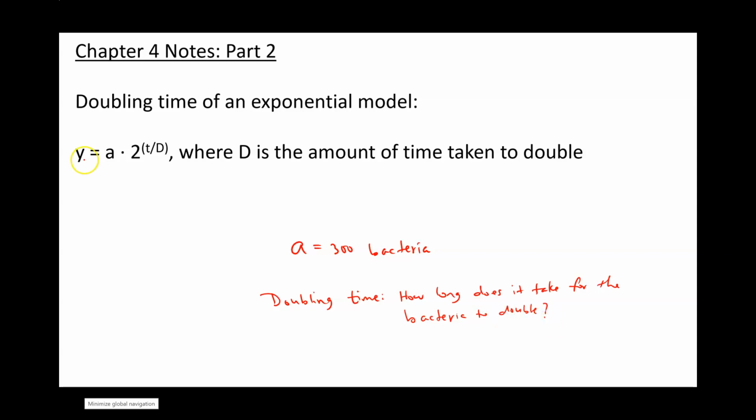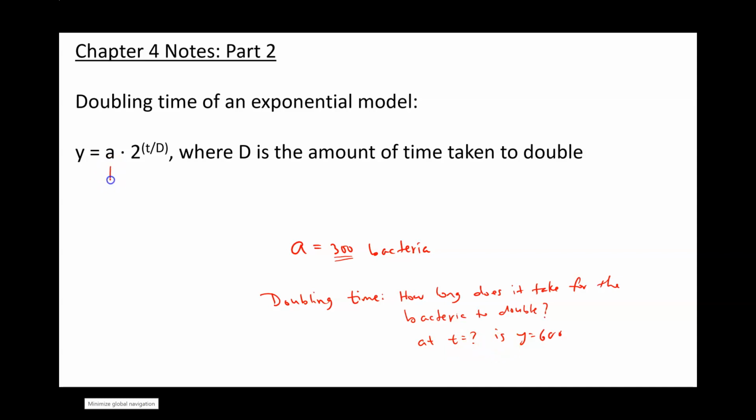In other words, if y represents a number of bacteria, at which t is the number of bacteria equal to 600? Where did we get 600 from? Because we started off with 300 bacteria, double of that is going to be 600. So after how long do we have 600 bacteria?